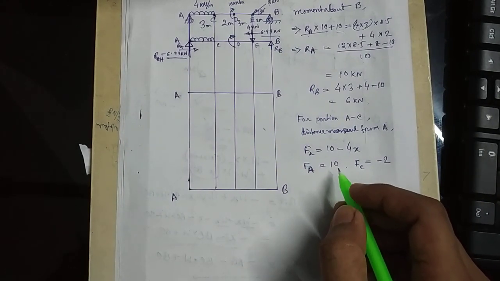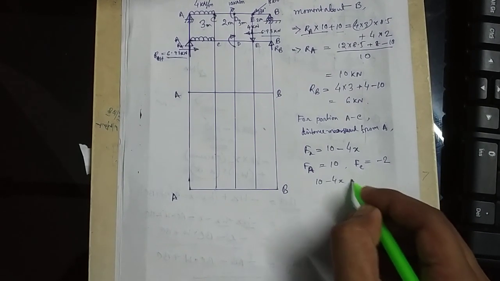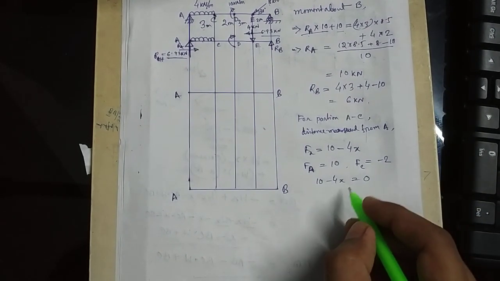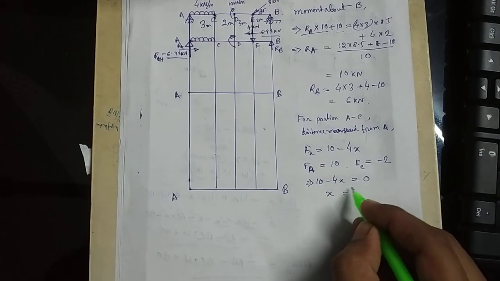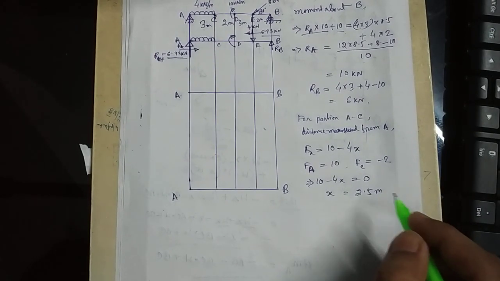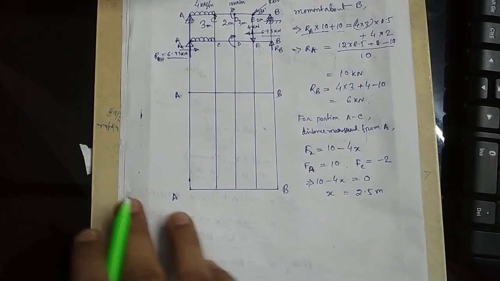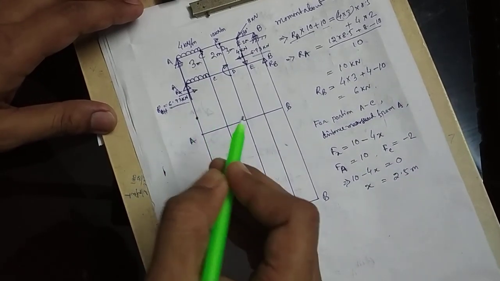So that means the shear force becomes 0 where 10 minus 4X is equal to 0. So X equals 10 by 4, which is 2.5 meters. So at X equal to 2.5 meter it becomes 0. So let us draw. Suppose this is 10.